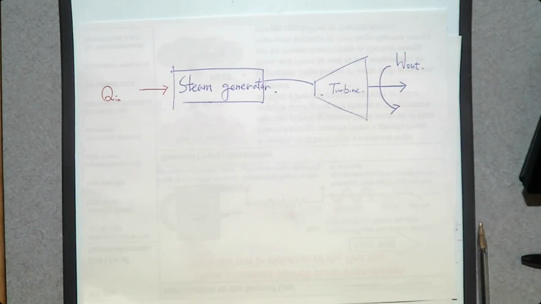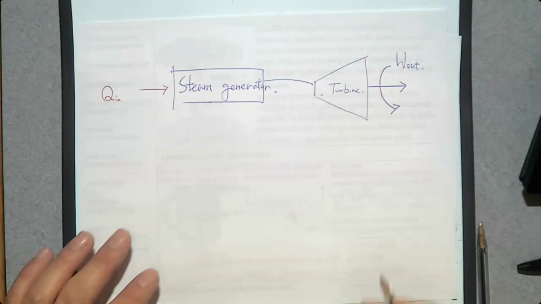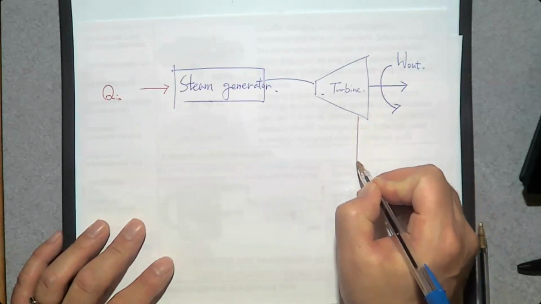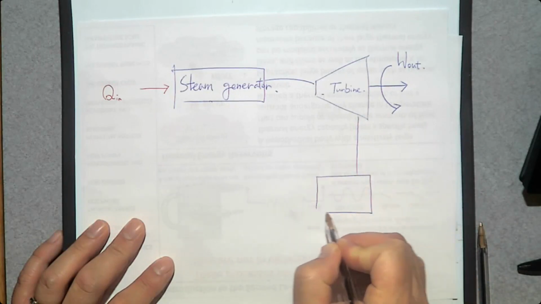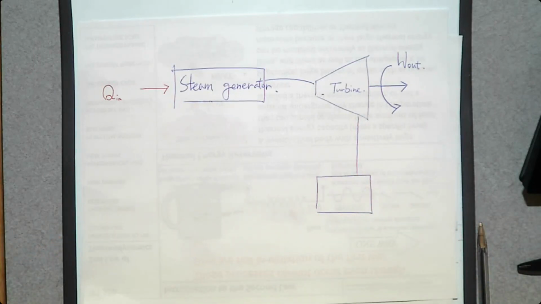And at the exit of this turbine, the leftover steam is going to be released. So we have a condenser where we can reject any waste heat.